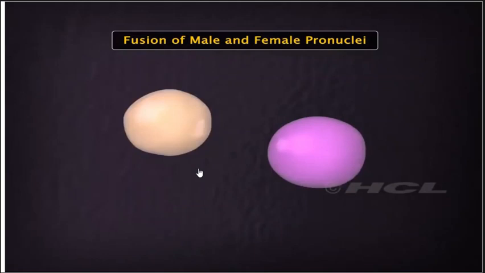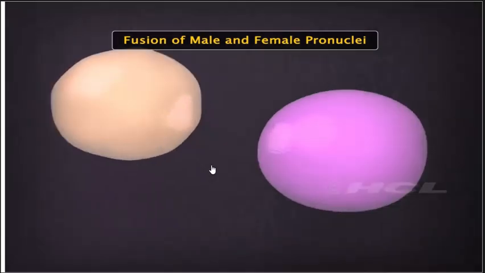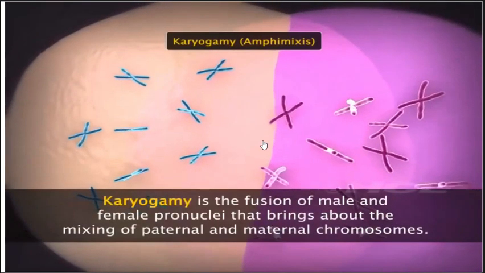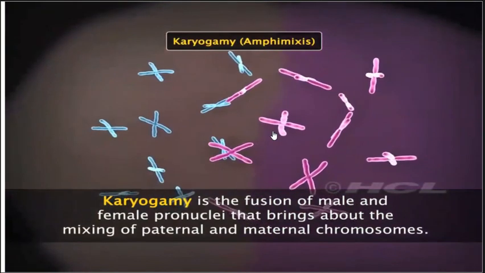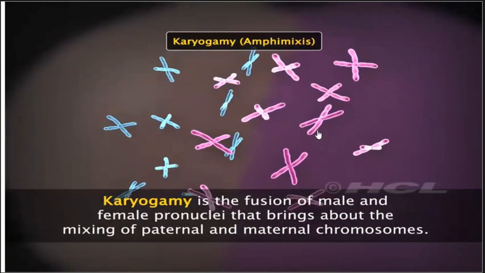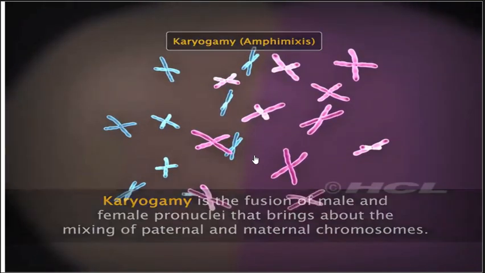So after fertilization, we will have the fusion of the male and the female pronuclei, as you can see here. So by this step, fertilization is complete, and we will have a diploid cell with a 2n number of chromosomes.